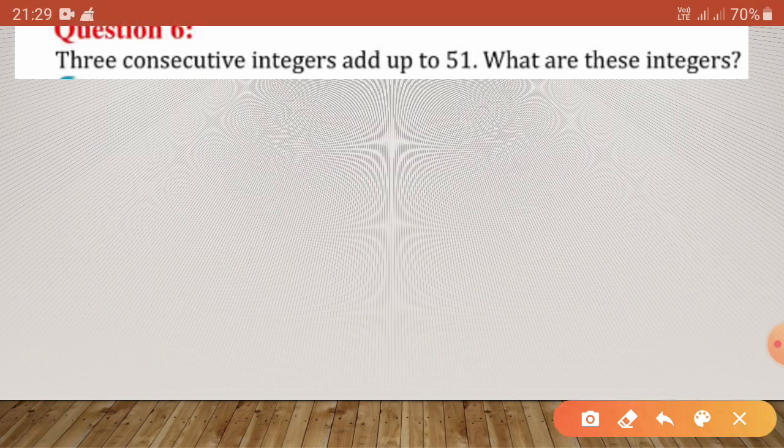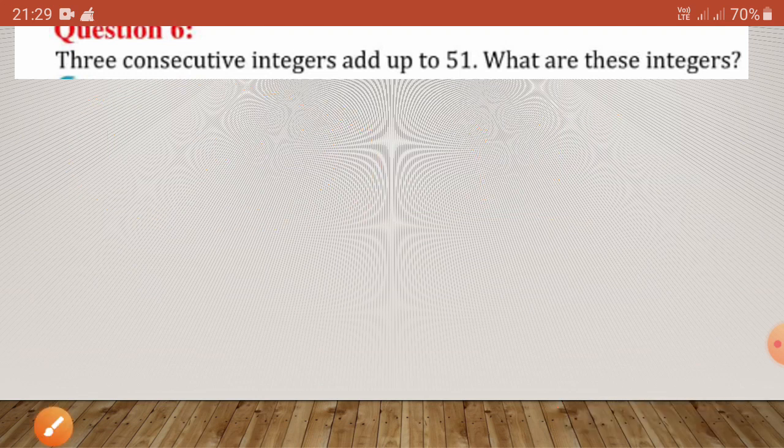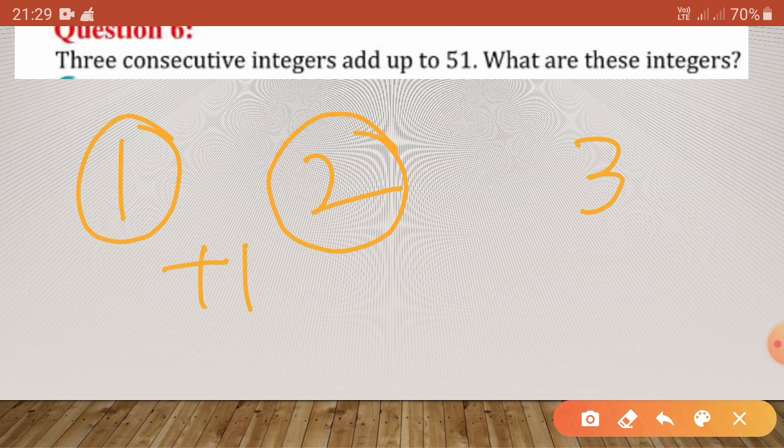If we write normal integer values, suppose 1, 2, 3, 4, 5, any three, suppose we take the first three, 1, 2, 3. If the first number is 1, the next number will be increased by 1. So 1 plus 1 gives us 2, and again plus 1 gives us 3.